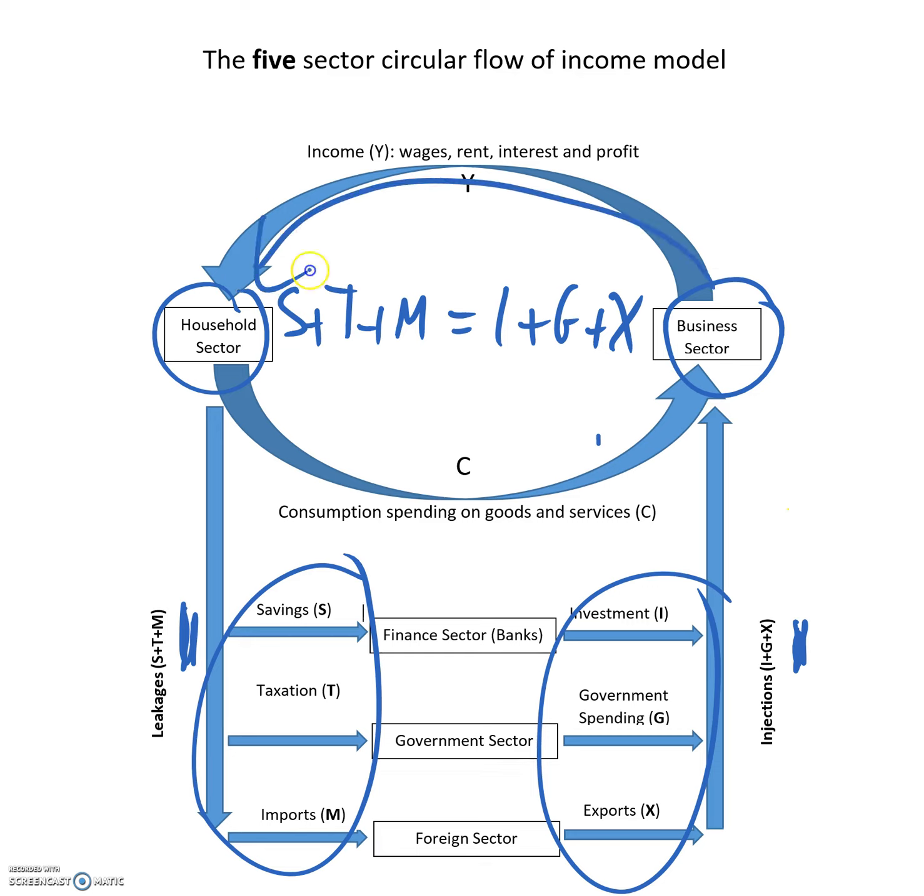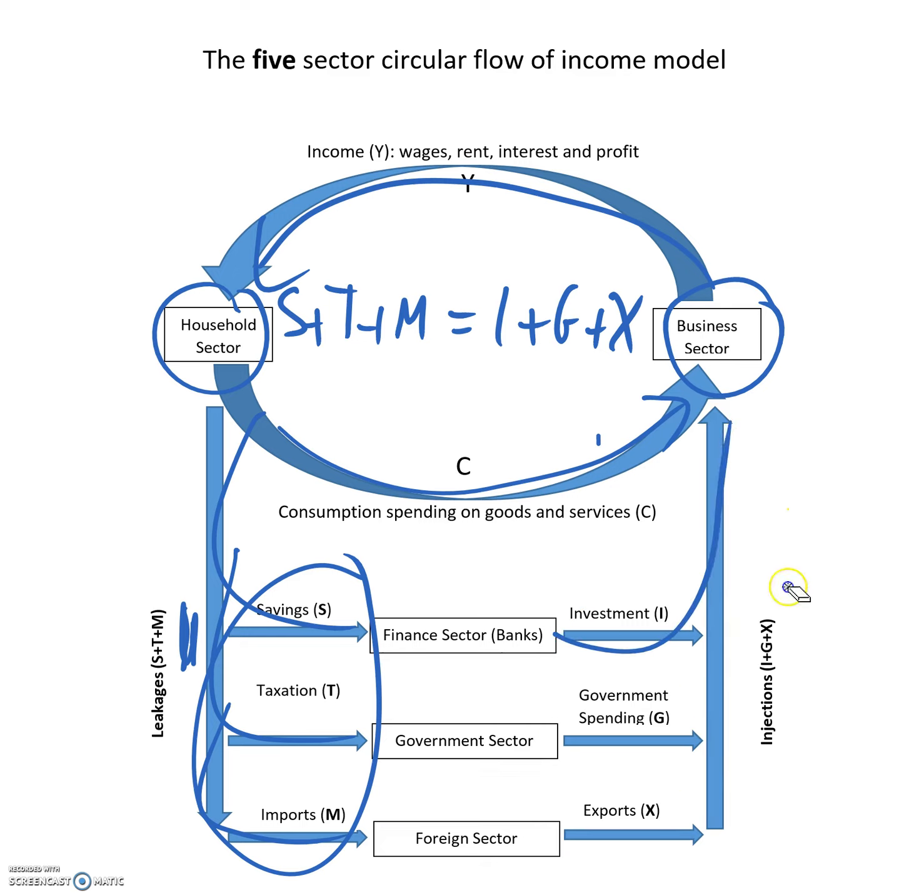And the system will be at equilibrium because businesses will return that spending in the form of income, and it'll just go around and around, same as before, except this time instead of all being spent, it's being saved, taxed, and imported, and it's coming back in these various channels.